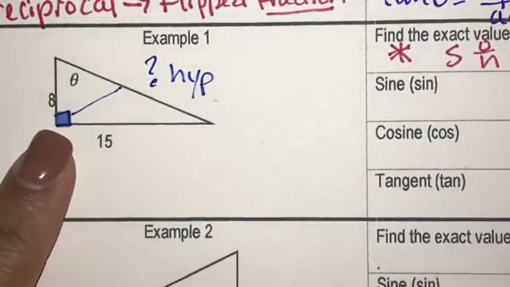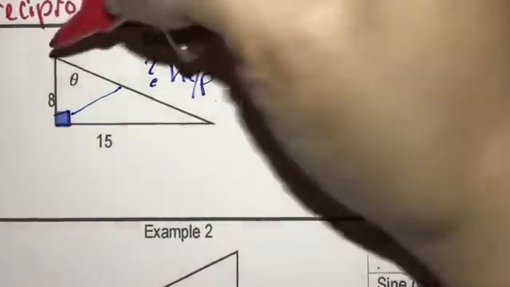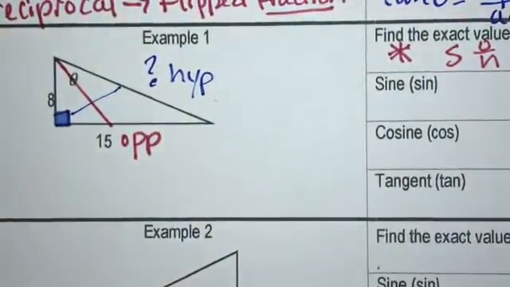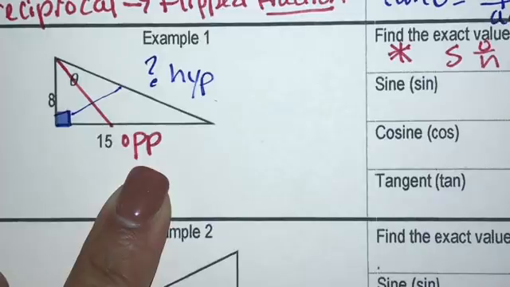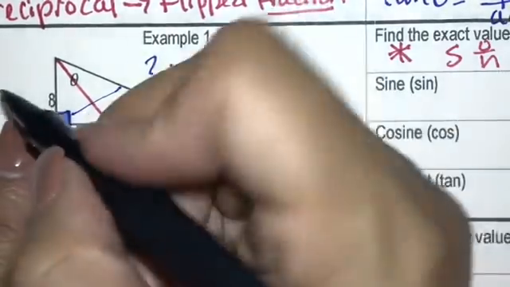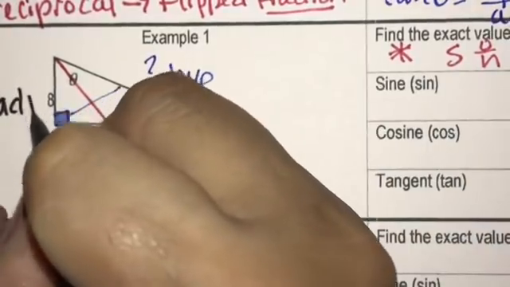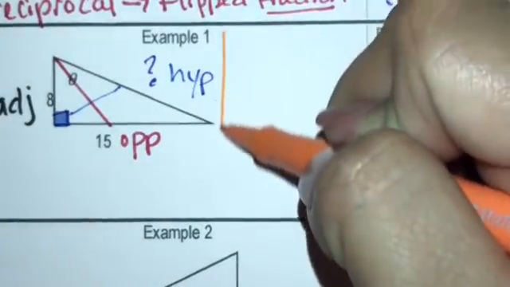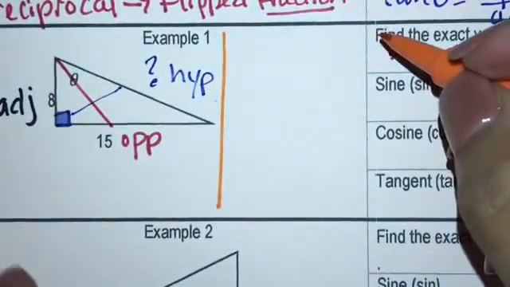This is theta, we're going to follow it across, and 15 is the opposite. And then 8 would be the adjacent. So what I'm looking for is the hypotenuse.